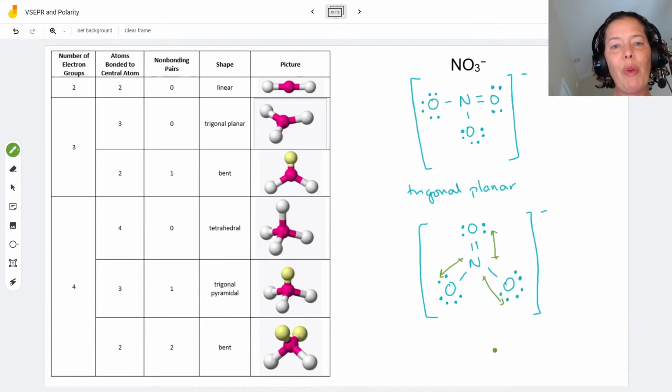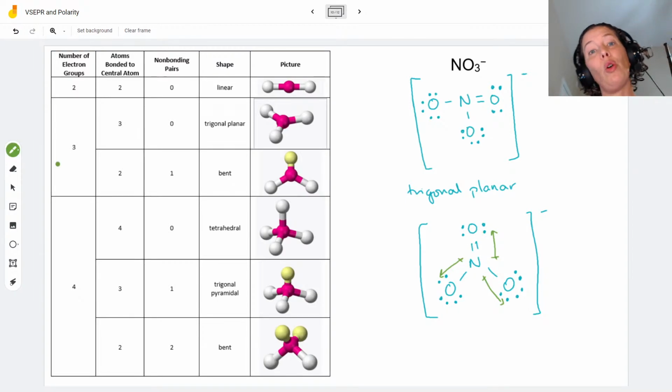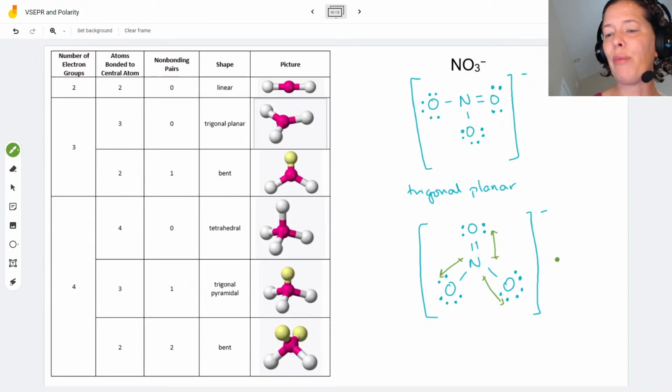And again, keep in mind the shape, this is trigonal planar. So all of these atoms are 120 degrees from each other. So if you are the nitrogen, again, friends of equal strength, do you move? Well, no, actually you don't move. So another case of polar bonds, but overall a nonpolar molecule.